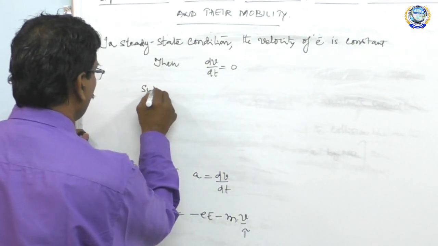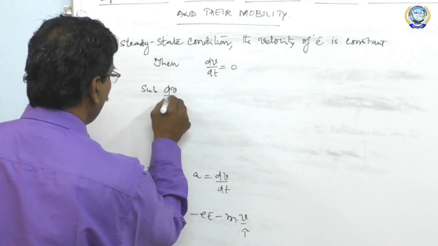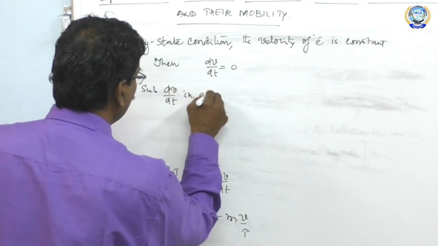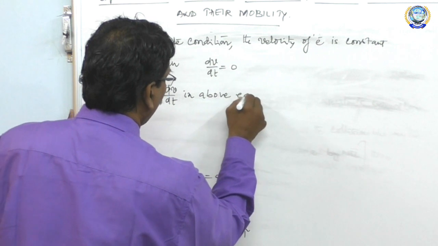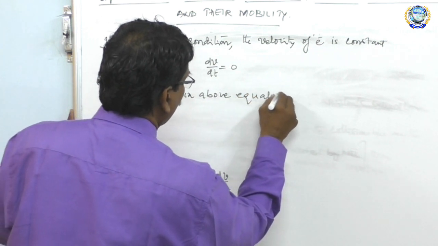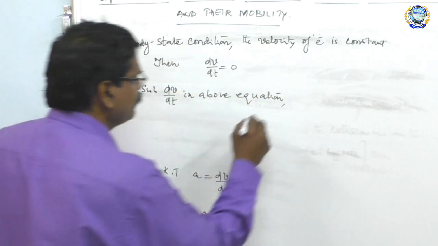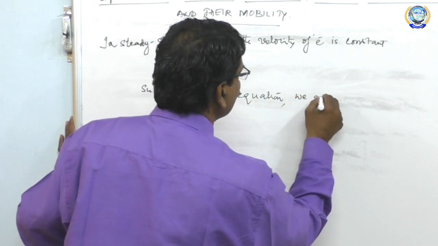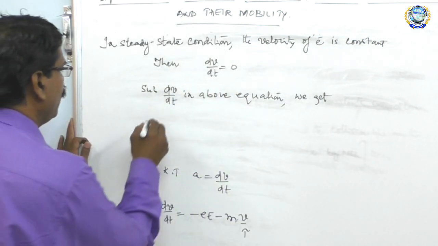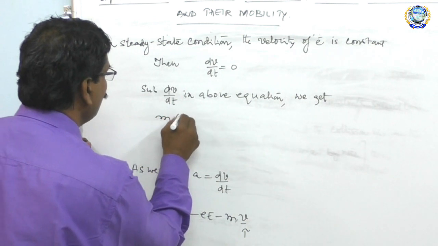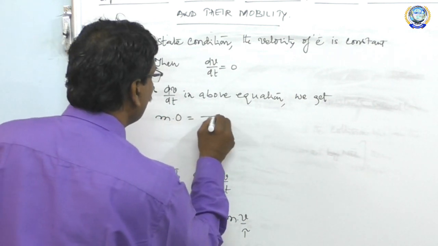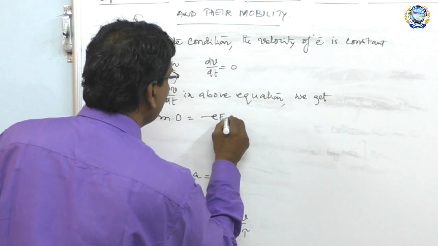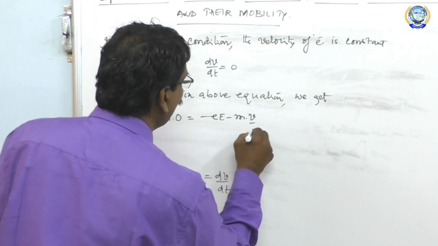Substitute dv by dt in the above equation, we get m into 0 is equal to minus e E minus m v by tau.